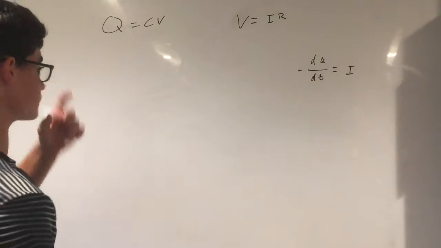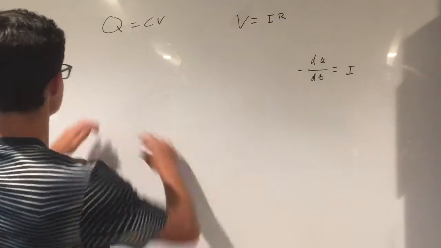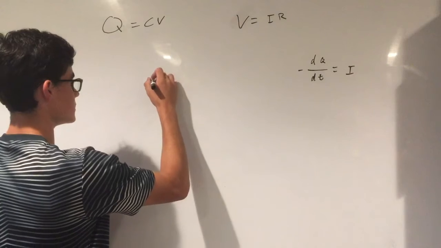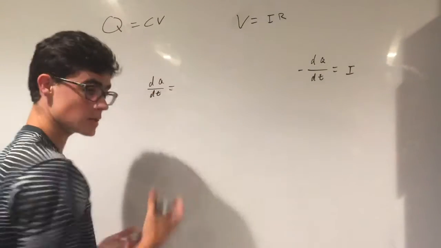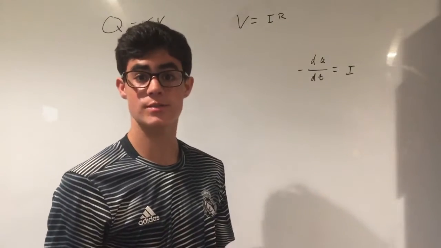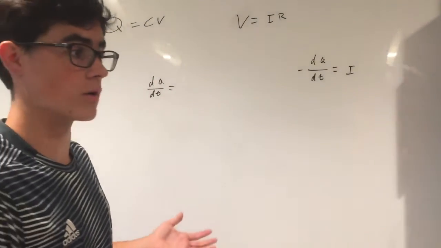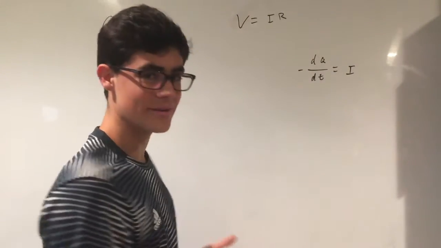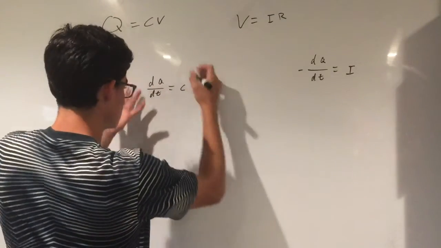With the ideas we have right now, what if we just take our basic equation and take it in terms of time? So dQ/dt is equal to C dV/dt. C is really just a constant, it's the capacitance. We can look at a change in capacitance, but in this context it is not relevant.